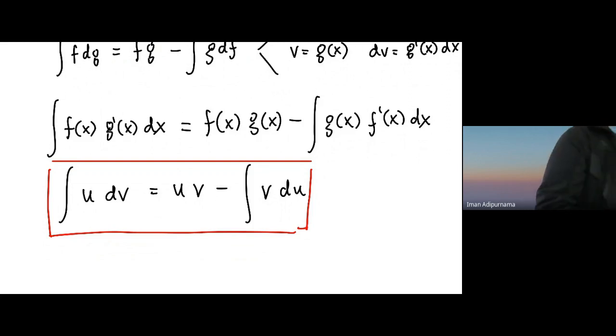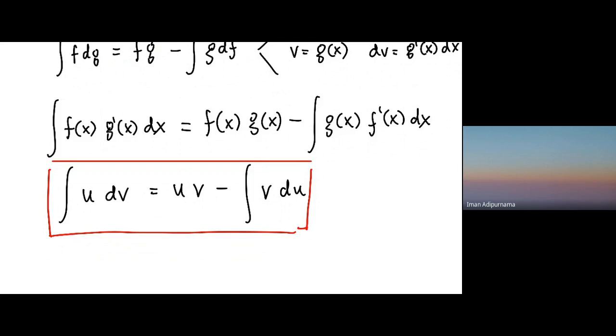What does it mean and how does it work? Basically, this integral of u dv is our calculation place. First, we need to define, from the function in the integral, which one is u and which one is dv.